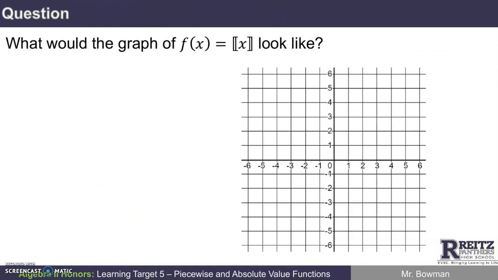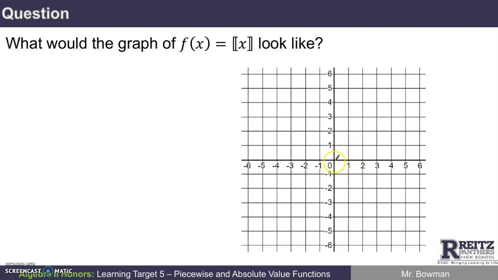So Panthers, here's my important question to you. What would the graph of f of x equals the greatest integer function value for x look like? So let's see if we can come up with an answer. I think that for all of the values between x equals 0 and x equals 1, the output value would be 0.